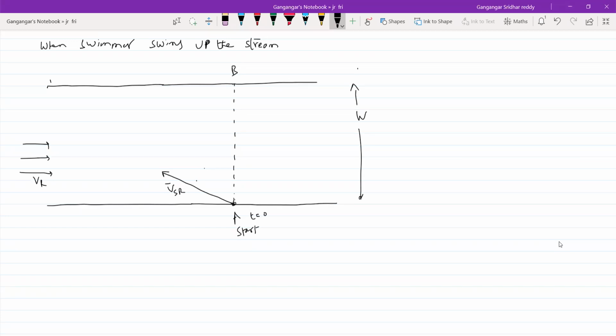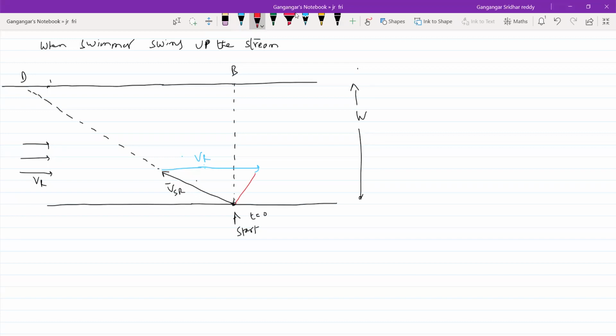Now you ask the swimmer where he is heading. He says he is heading along AB, then the river current will push him. The river current may push more or less; it may even come here also. So this is what gives you problems. Let me take this condition, this will be much useful.